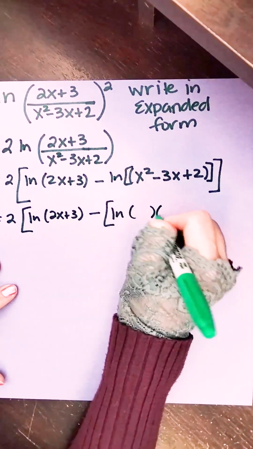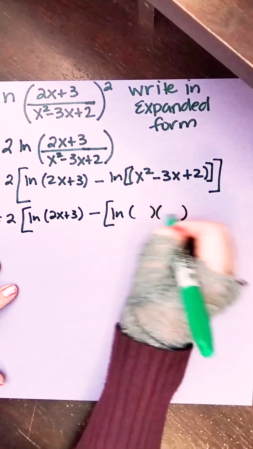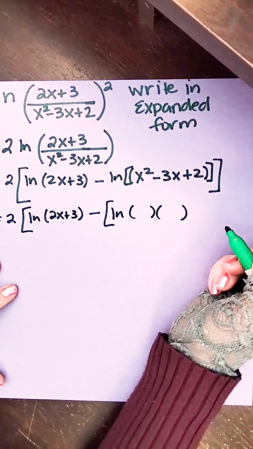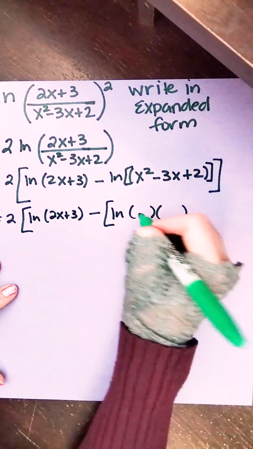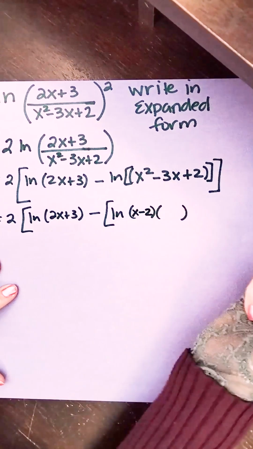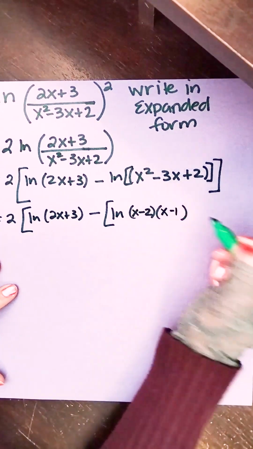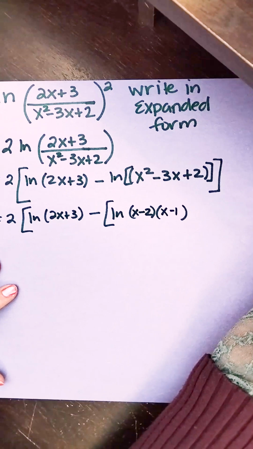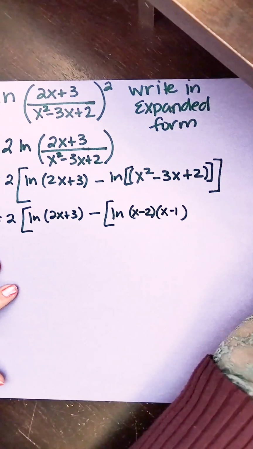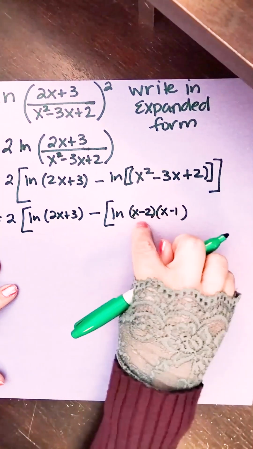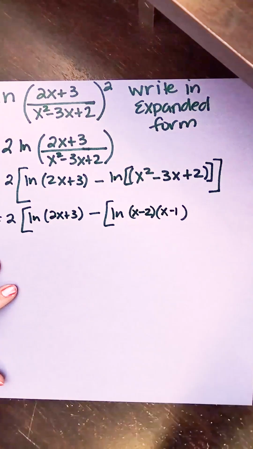And I'm going to go ahead and factor this as x minus 2, and then x minus 1, because x minus 2 times x minus 1, these two binomials multiplied together get me this. So I'm using trial and error, where a equals 1.